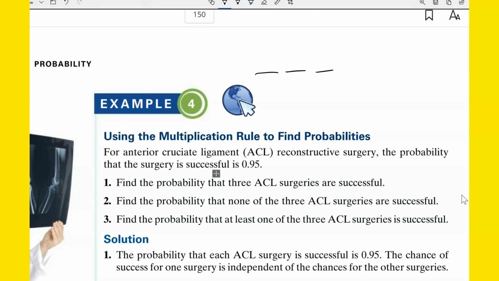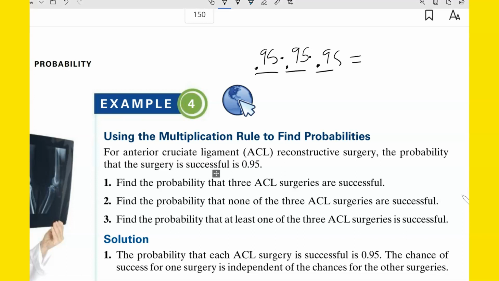So we have 3 events. The probability that we have a success on the first one is 0.95. The probability we have success on the second one is 0.95. The probability we have success on the third one is 0.95. So we multiply all 3 of those together to get the probability of having success in all 3. So the probability of having 3 successful surgeries is 0.857.